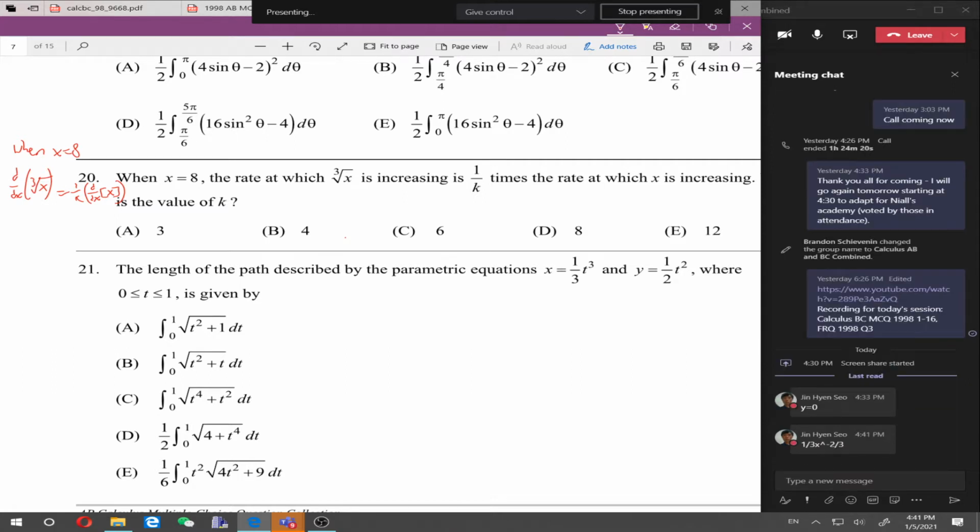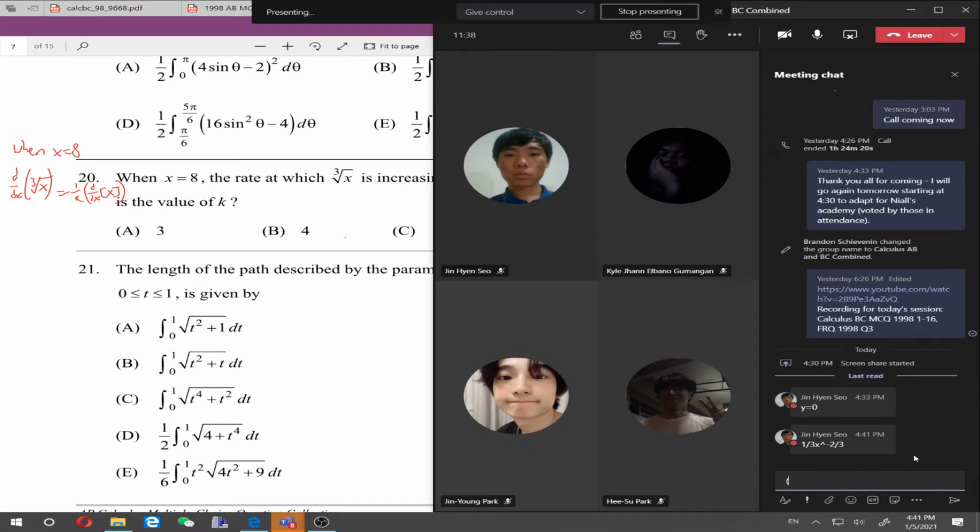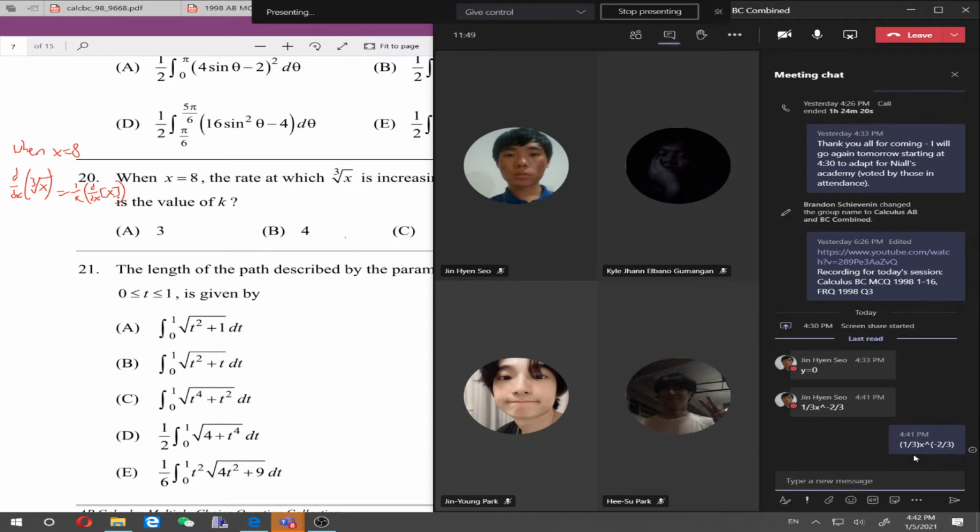Okay, 1 over 3, x raised to the negative 2/3 power. Perfect. So if you want to type that for a math class later on, you can put your fractions in parentheses like this. So 1 over 3, x raised to the, and then put that in parentheses, and know that this is all part of your power. So like that would be a standard way to write it, but that's good.